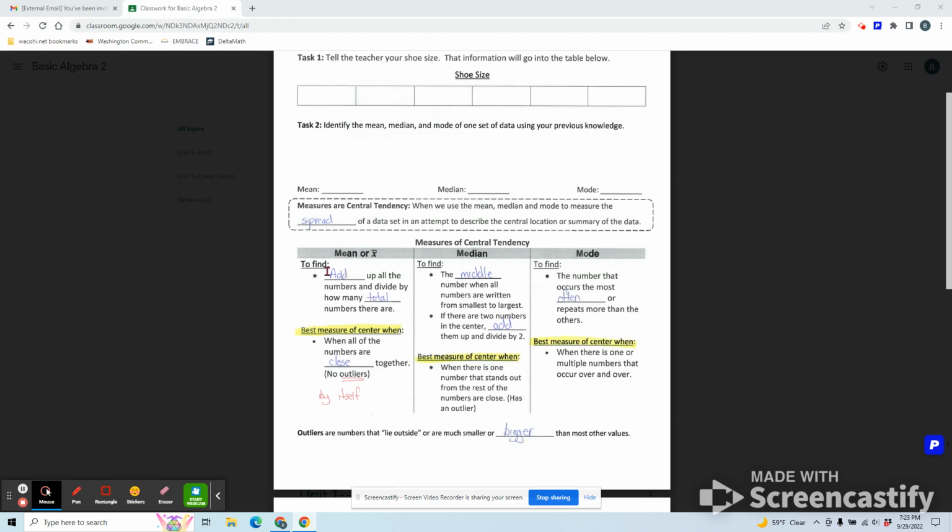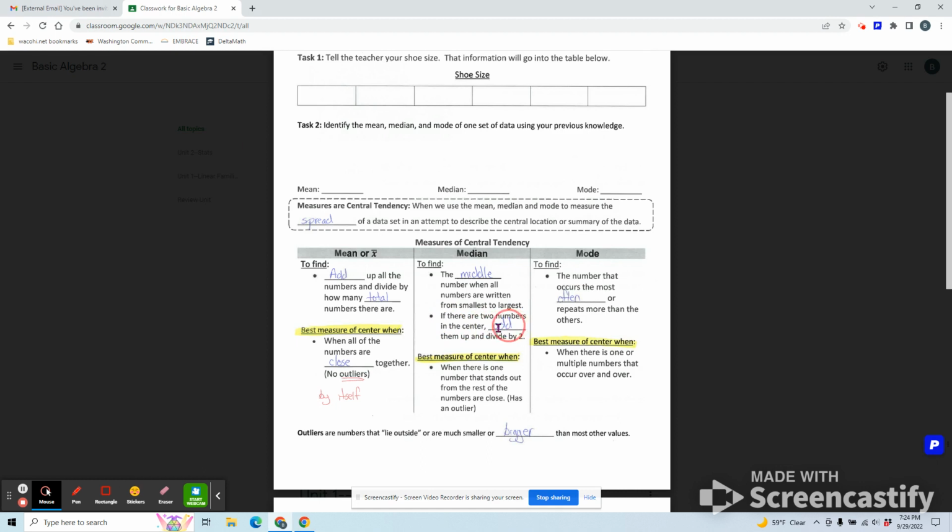So let's start with the mean. To find the mean, or the average, you add up all of the numbers and divide by how many total numbers there are. So if there are 10 data points or 10 numbers, you're dividing that total by 10. The median, think about where a median is in a car or when you're driving. It's in the middle of the road. Same thing here. It's the middle number when all the numbers are written from smallest to largest.